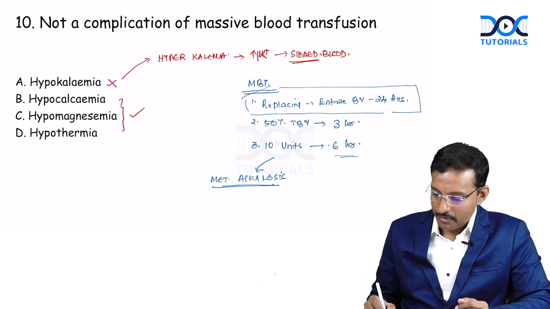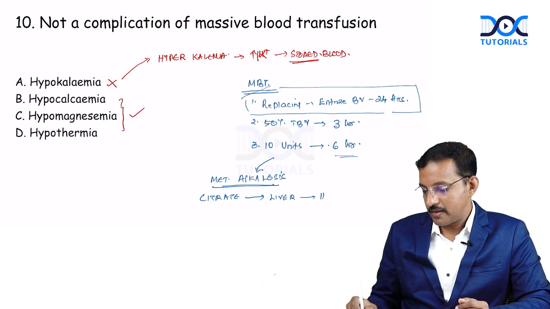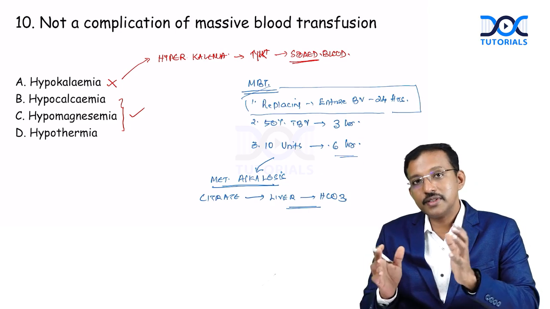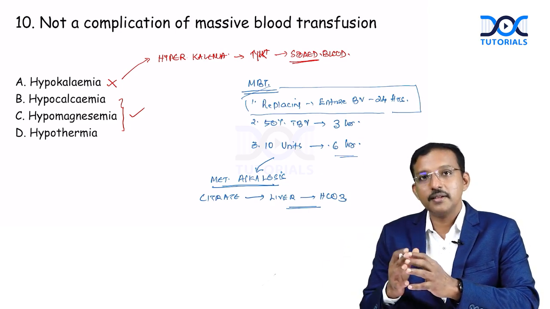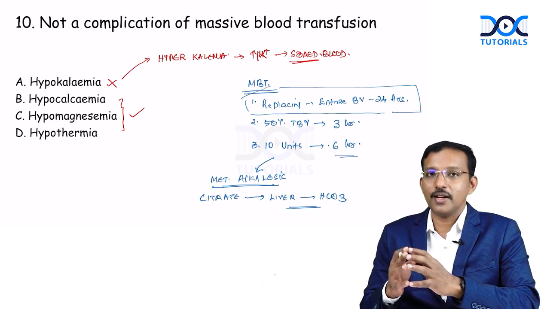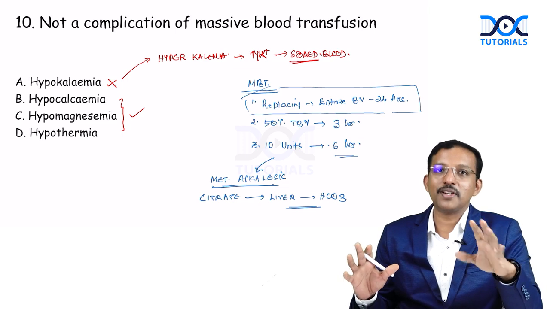This is by the metabolism of citrate by the liver into bicarbonate. So citrate, which is used as a chelating agent, gets metabolized to bicarbonate by the liver, producing metabolic alkalosis in massive blood transfusion. So please remember this, and please don't get confused.